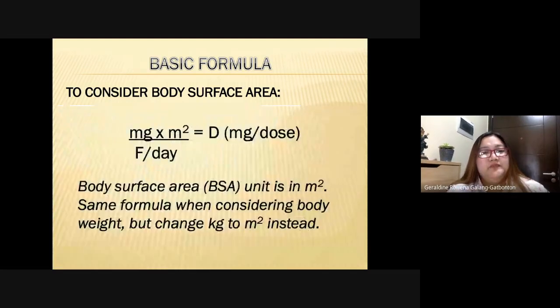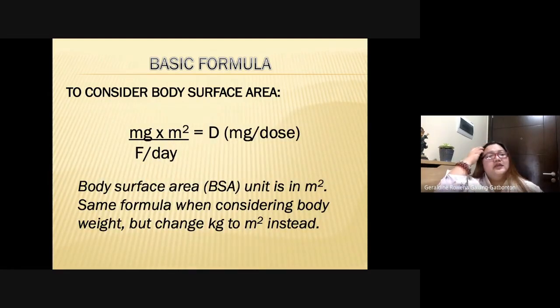Okay? So, ito ngayon yung formula ulit. It's the same formula. Pinalitan mo lang yung kilograms dito into meters squared. Alright? Ito rin yung formula kanina, no? Yung dosage per day, gaano kadalas binibigay per day. And then, kanina, ito yung weight in kilo.